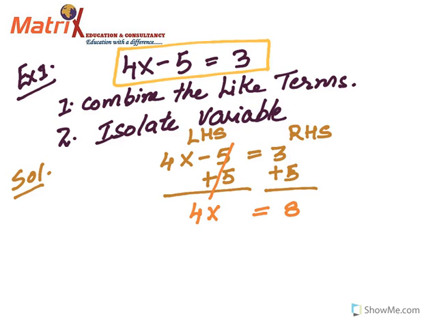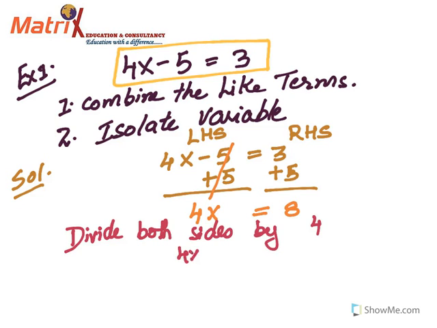This 4x is as good as writing 4 times x. So we do the opposite of this. The opposite of multiplication is division. So I'm writing here, divide both sides by 4.